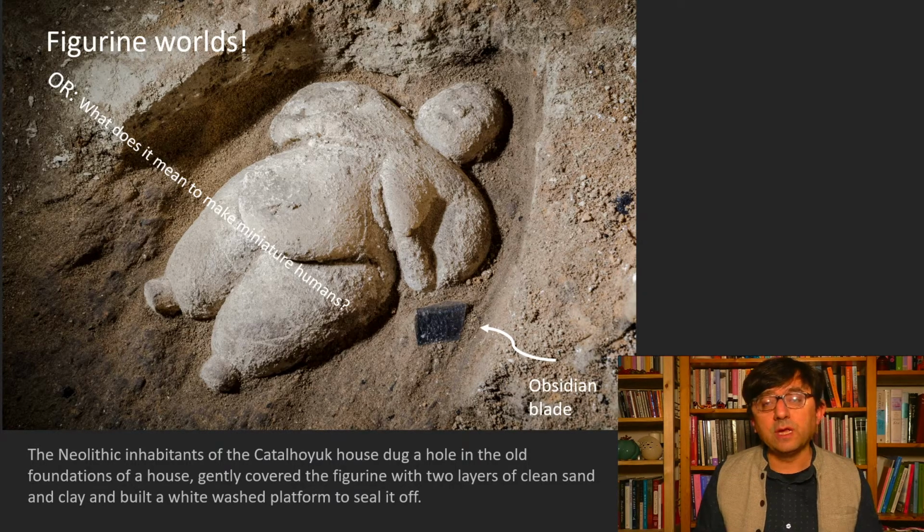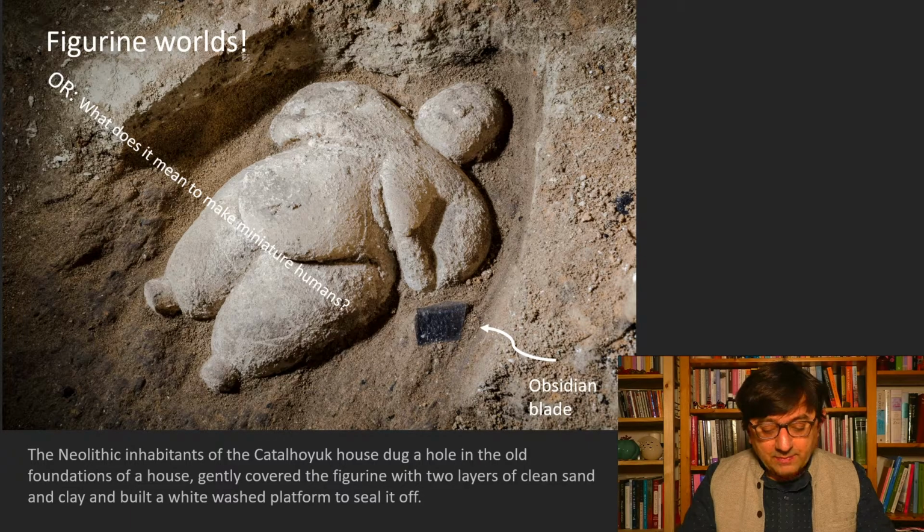Çatalhöyük is one of the largest agricultural communities from the Middle East that we know from the Neolithic period. This is happening in a house. The Neolithic inhabitants dug a hole in the old foundations of a house and laid down a miniature human figure, carved beautifully in marble, this crystallized limestone, and covered it with 2 layers of clean sand and clay.